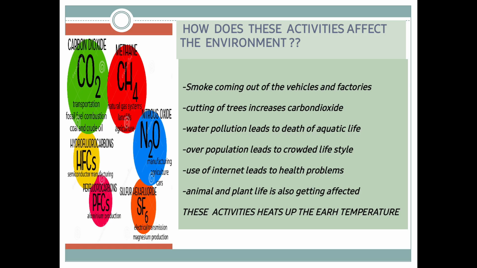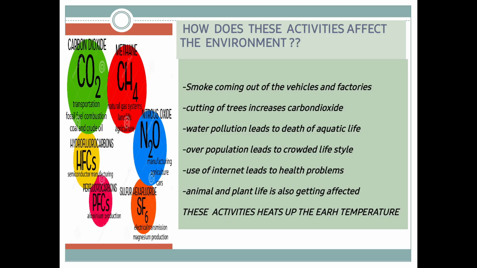Let's see. So, as I said, smoke coming out of the vehicles and factories, cutting of the trees, which increases the carbon dioxide, all these activities help the greenhouse effect. The greenhouse effect is actually increased by the greenhouse gases.